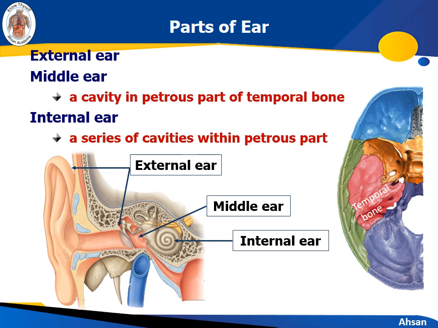The canal shaped part of the external ear extends inside the bone, and the rest two parts, the middle ear is a cavity inside the petrous part, as well as the internal ear, a series of tubular cavities within the petrous part of the temporal bone.